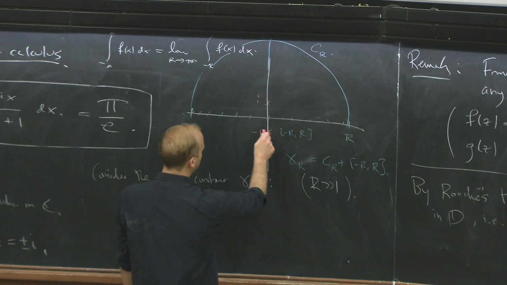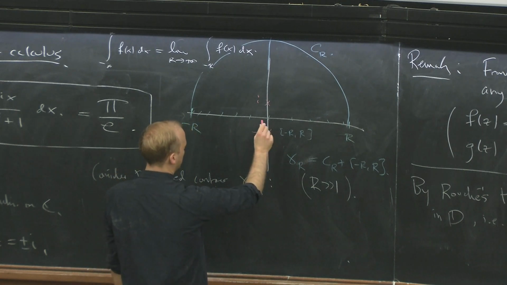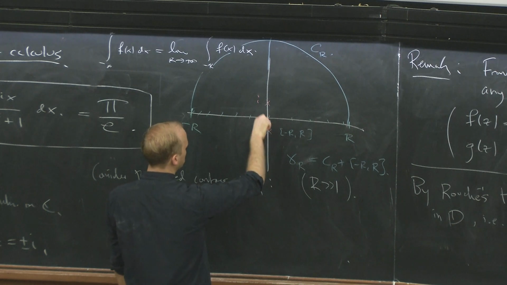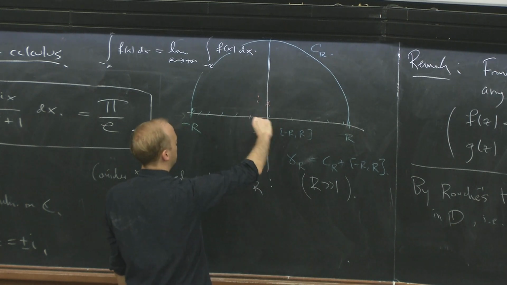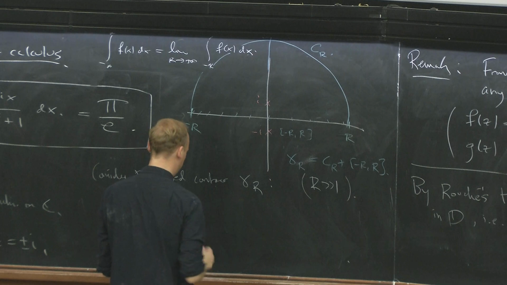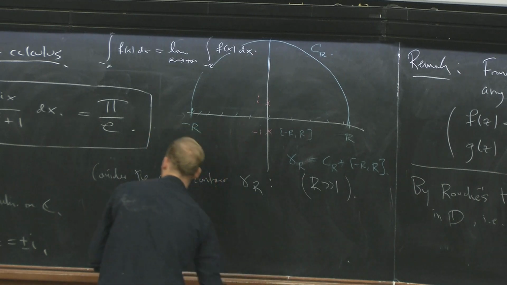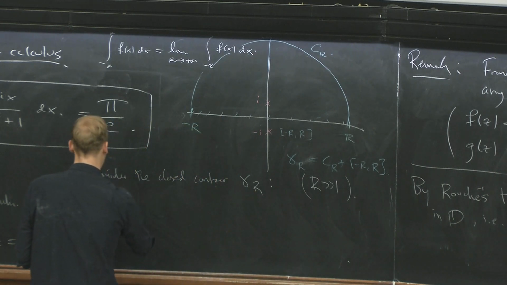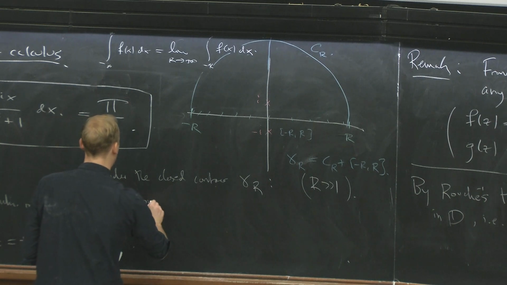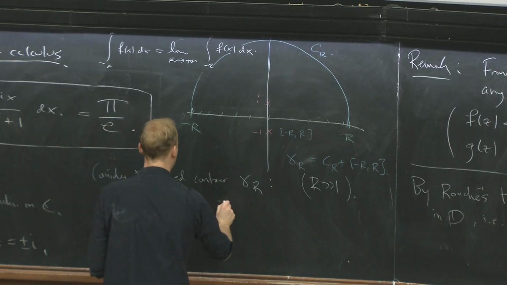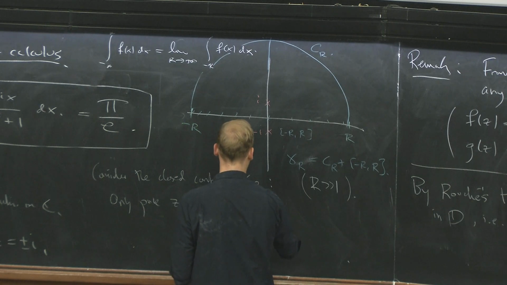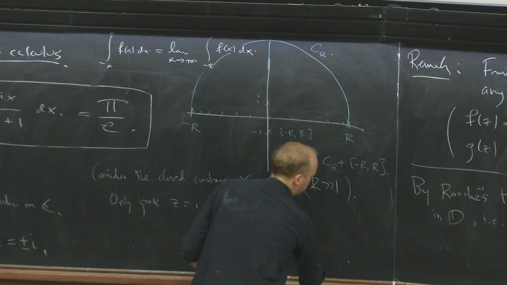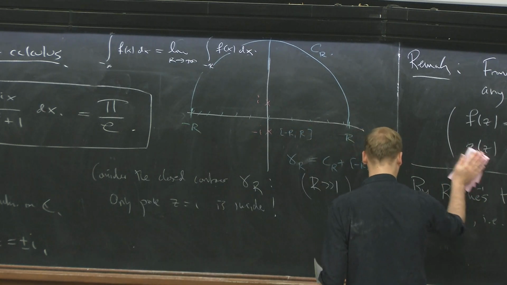So the one outside doesn't even contribute to the residue theorem. The only things you have to take care of are the poles inside the curve. So only the pole z equals i is inside. So we can forget about z equals minus i.